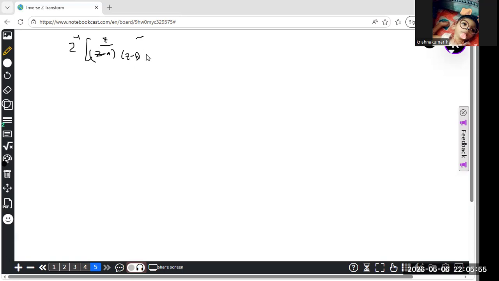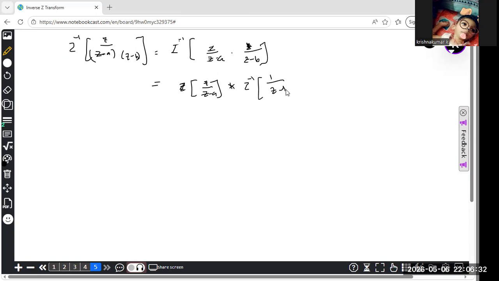Now this can be written as inverse z transform of z by z minus a into, here you just take 1 because in the numerator we have only one z, 1 by z minus b. So now this can be written as inverse z transform of z by z minus a, star, inverse z transform of 1 by z minus b.